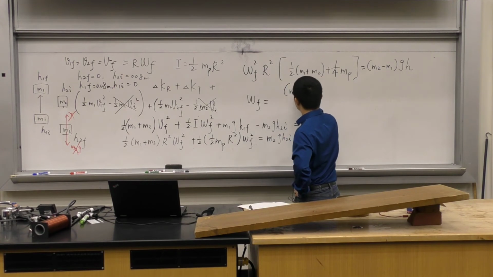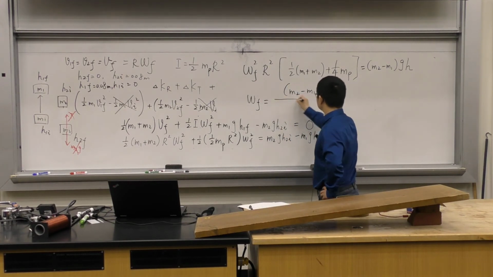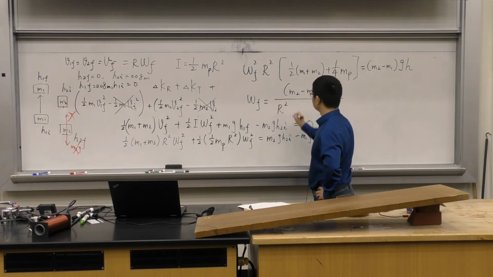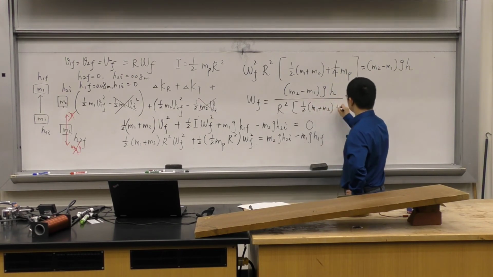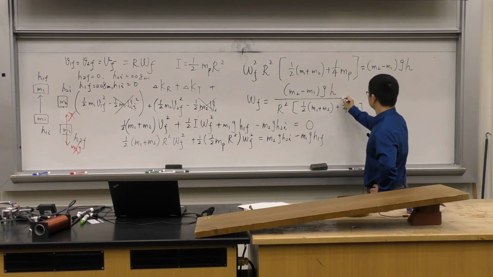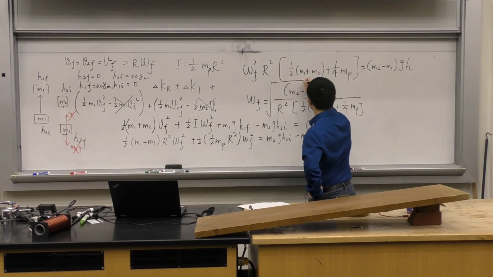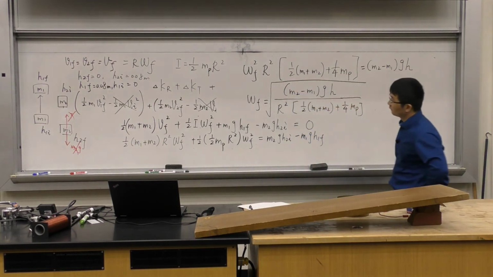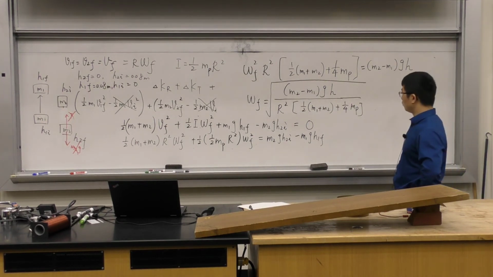Right? (m2 minus m1) g h divided by r squared times (1/2 (m1 plus m2) plus 1/4 M pulley), and then square root.